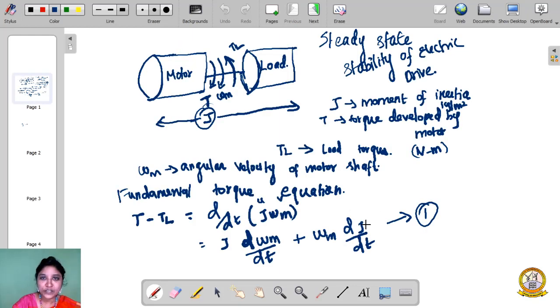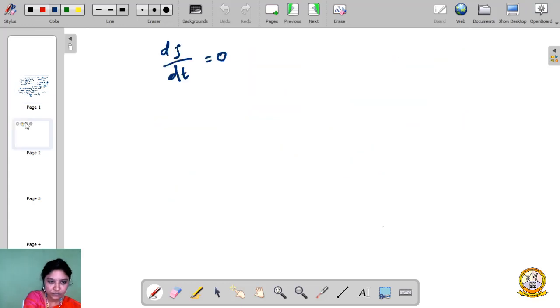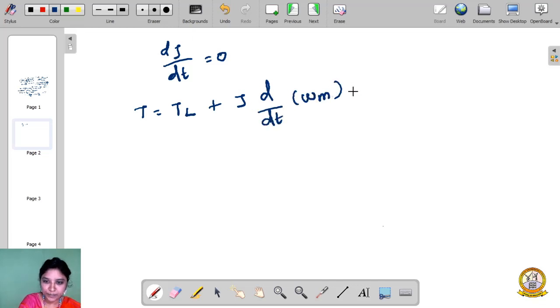So if dJ by dt is 0, then our equation changes to T is equal to TL plus J into d omega m by dt. Take this as equation 2. This equation represents the torque developed by motor. The torque developed by motor is counterbalanced by the load torque and the dynamic torque. This is the dynamic torque.